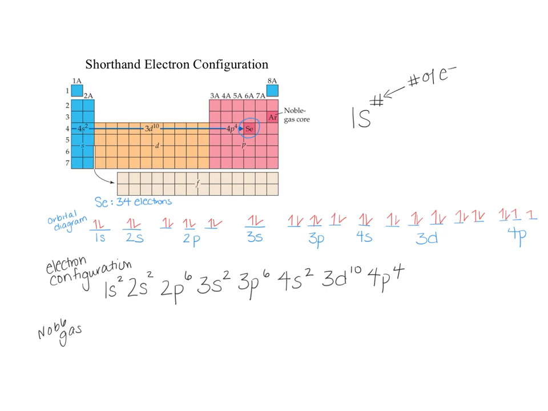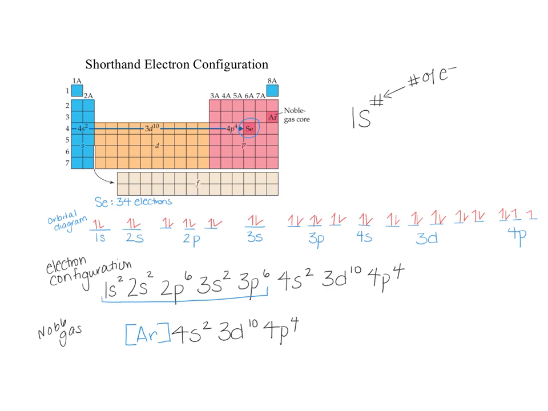And so instead of writing all of this business, I just say, hey, look, that is the electron configuration for the noble gas argon. So I'm going to come down here and say, instead of writing all that, I'm just going to write argon and then write the electron configuration that comes after that. And that's 4s2, 3d10, and 4p4. So we'll work on this more in class.